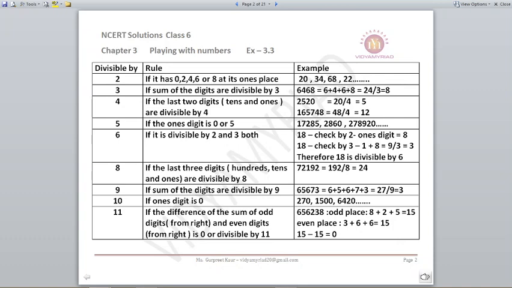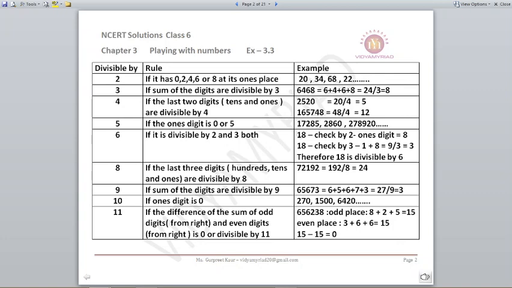In case of 9, like we did in 3, we add all the digits and check whether the sum is divisible by 9. If the remainder is 0, then the whole number will be divisible by 9.